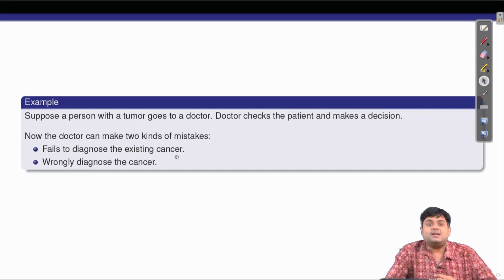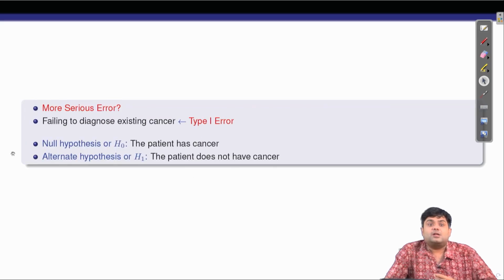So obviously here the more serious error is failing to diagnose existing cancer. So this will be our type 1 error. Our assertion, the one we will try to protect, will be that the patient has cancer, and the alternate will be that the patient does not have cancer.